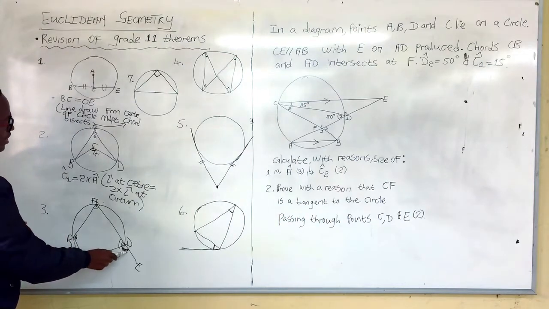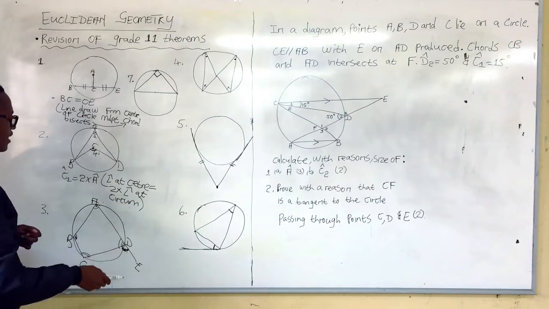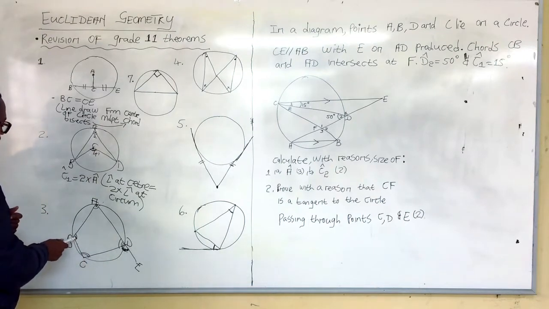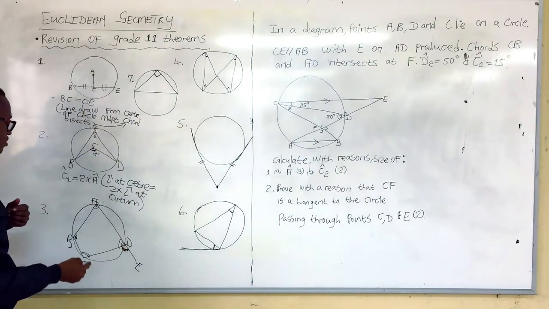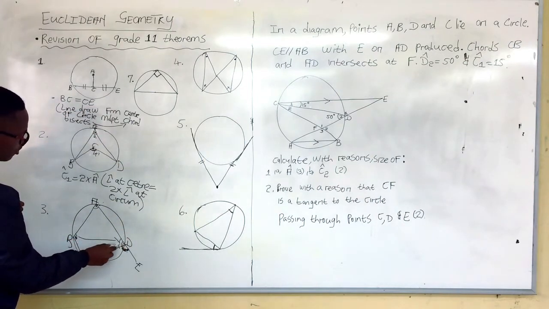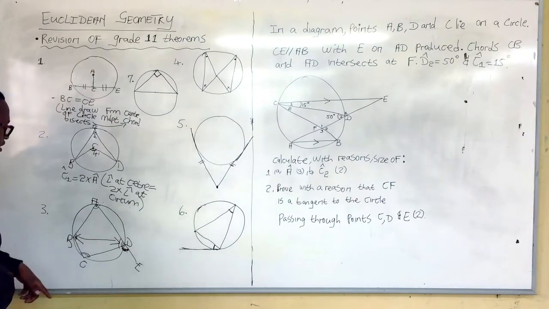It means the angle that is outside of a cyclic quadrilateral is equal to the angle that is inside, but opposite to that outside angle. So this angle is opposite to this angle.